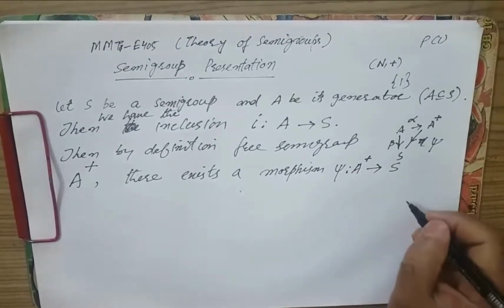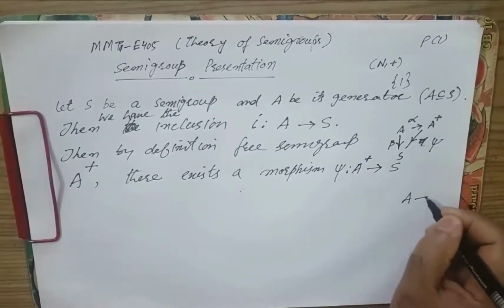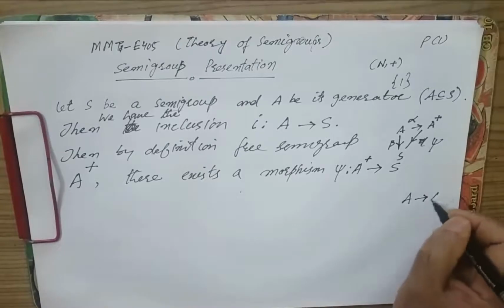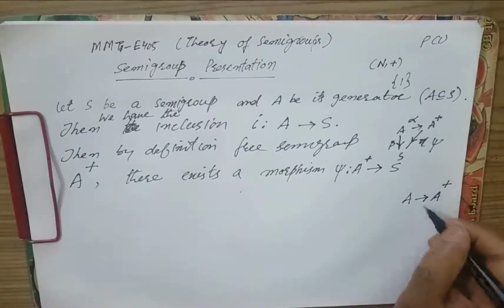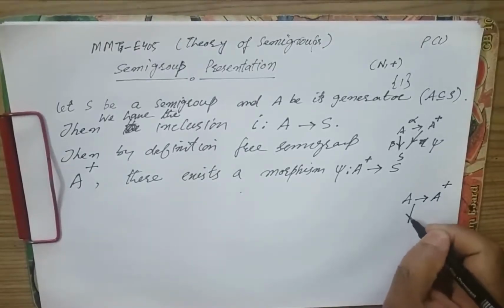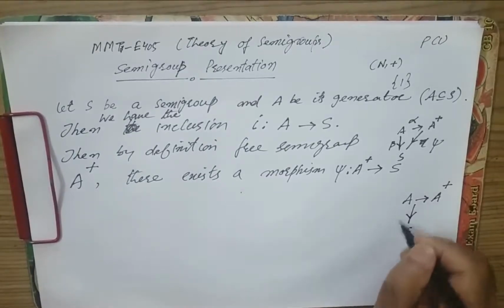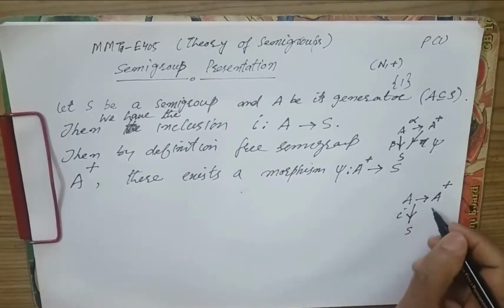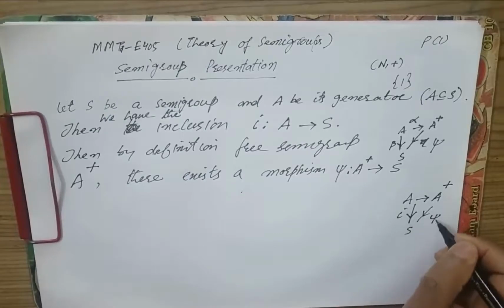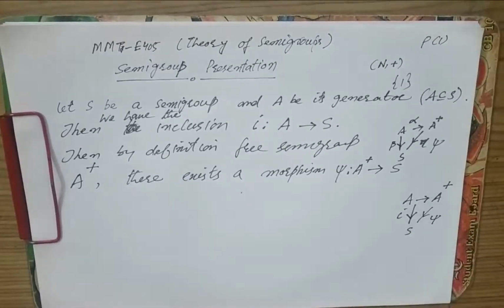because in our case we have a map from A to A plus, the embedding map, and here we have a map from A to S, which is the inclusion map. So then I can find a map psi from A plus to S, such that this diagram commutes.